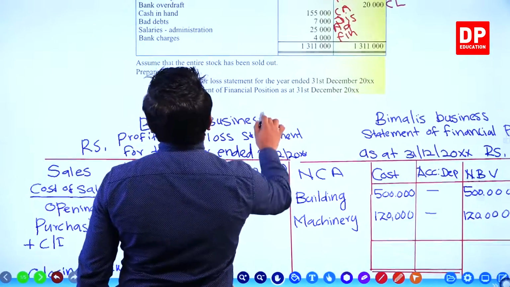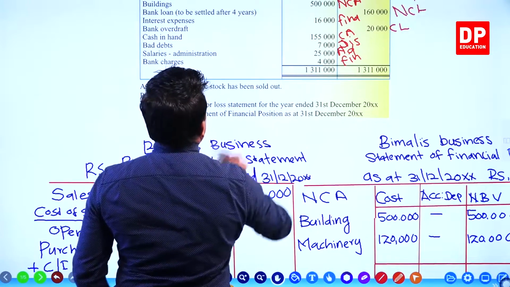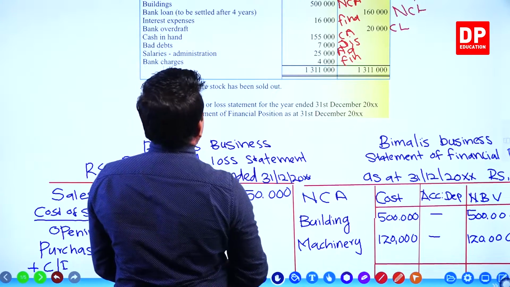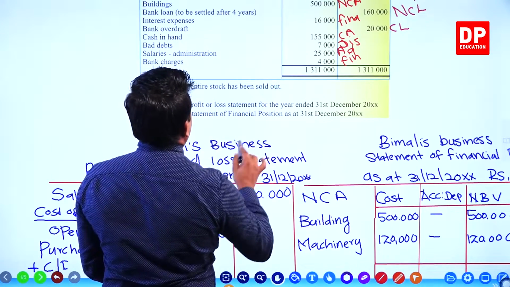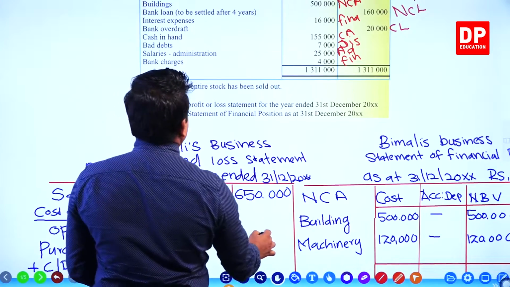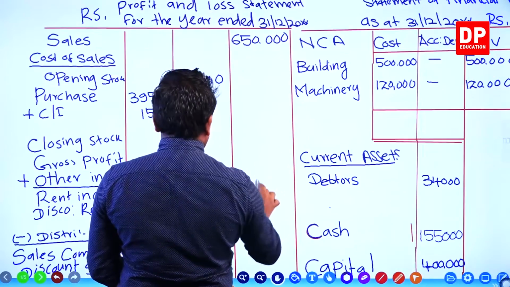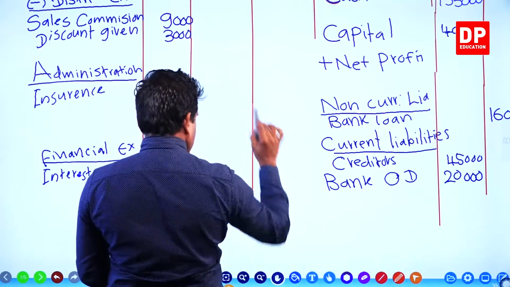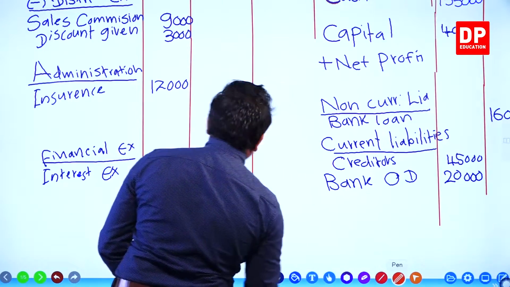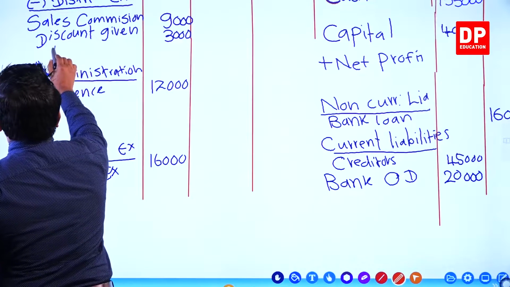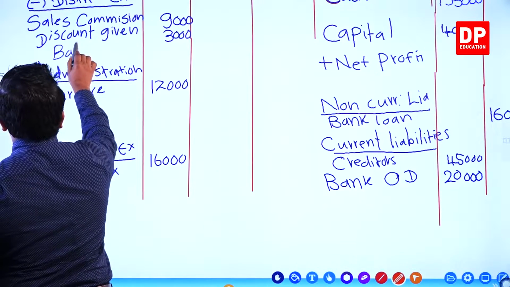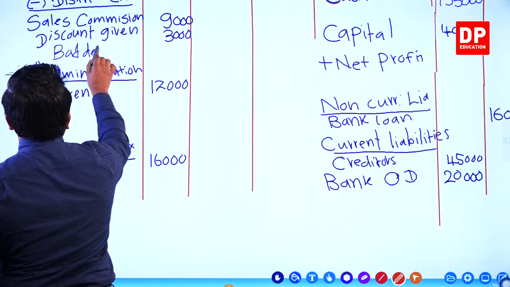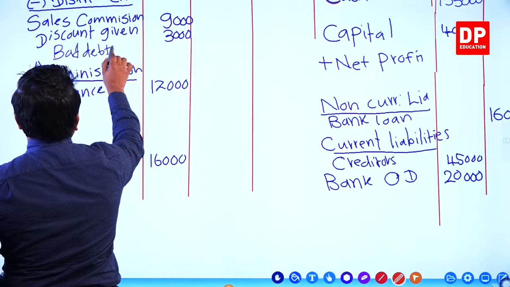Next one. Cash in hand 155,000. Okay. Bad debts how much? 7,000. Salaries 25,000. Bad debts 7,000. Where do we write bad debts? Under distribution. Bad debts 7,000.